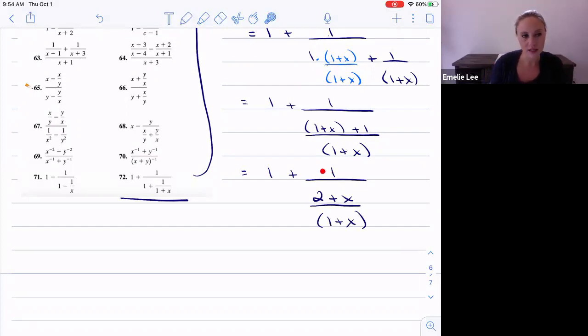Notice that I can rewrite this as 1 over 1, and so that makes this a fraction over a fraction. So I'm going to do that in order to simplify this a little bit, because a fraction over a fraction, we know how to deal with that.